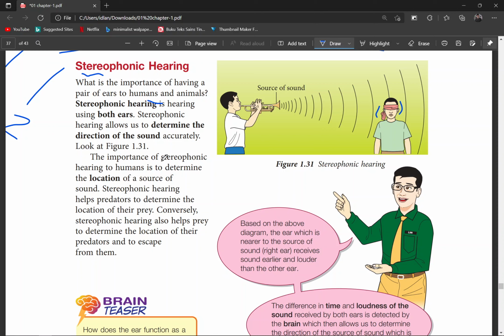Untuk binatang pula, boleh dengar kalau ada bunyi predator. Contoh ikan boleh dengar daripada mana bunyi datang.